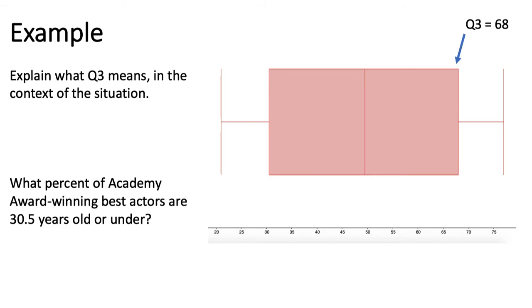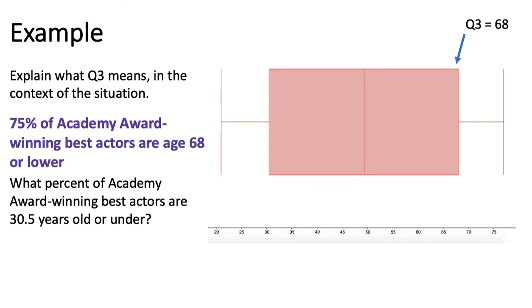And remember, another word for Q3 is the 75th percentile, because once we've reached Q3, we have reached the first 75% of data values. This means that 75% of Academy Award-winning Best Actors are this age or lower. They are age 68 or lower.